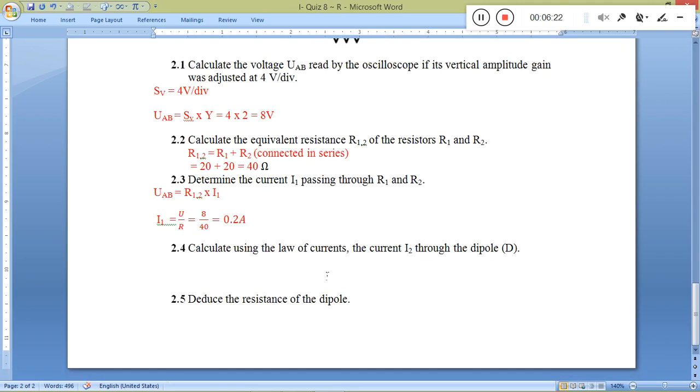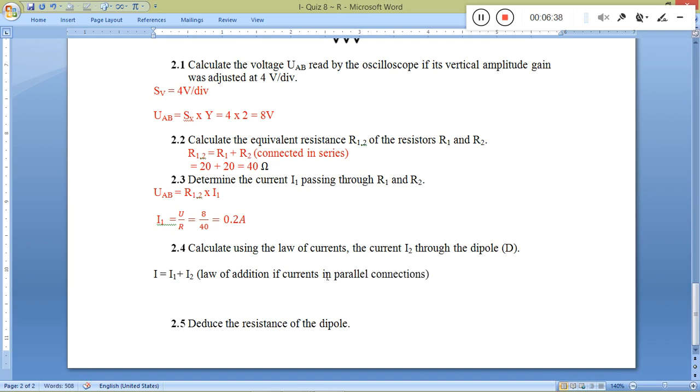This is the law of addition of currents in parallel connections: I equals I1 plus I2. So I2 is equal to I minus I1, which is 1 minus 0.2, which is 0.8 amperes.